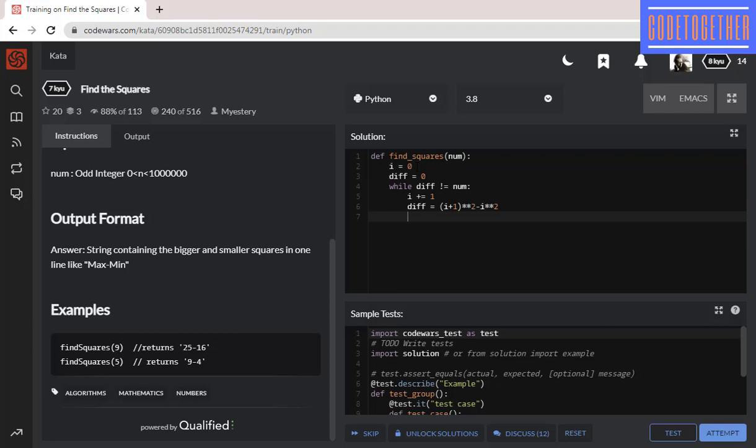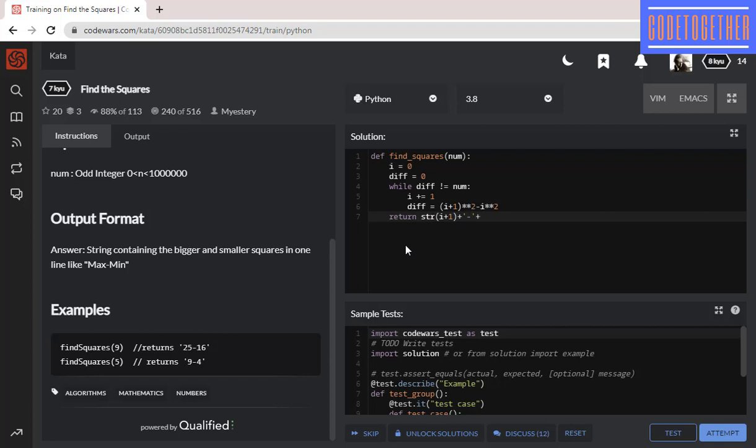While the difference of the squares of i plus 1 and i is not equal to num, this loop continues, and when the difference is equal to num, the loop is broken, and we have to return str(i plus 1) plus a dash.